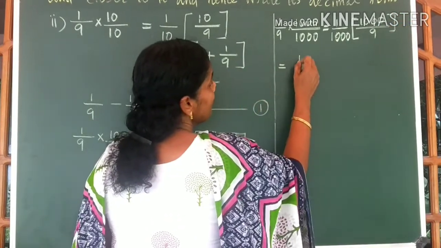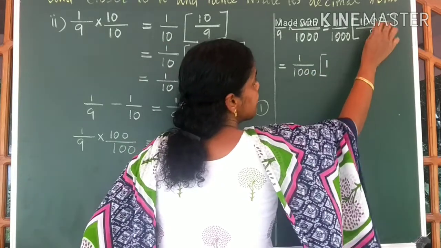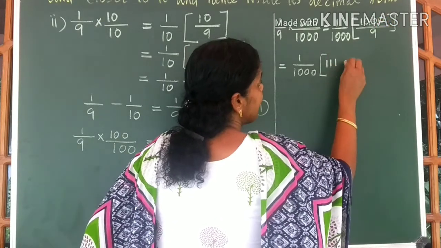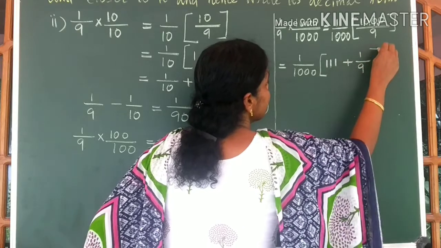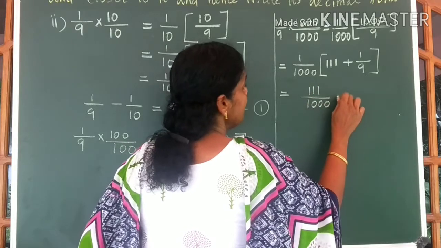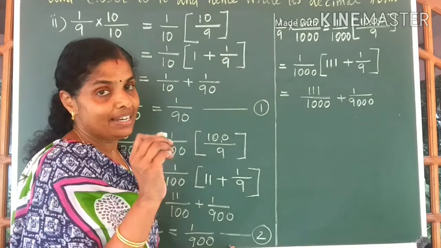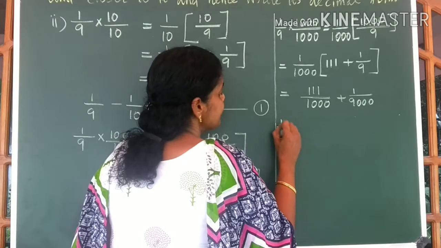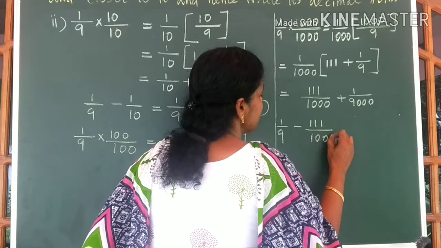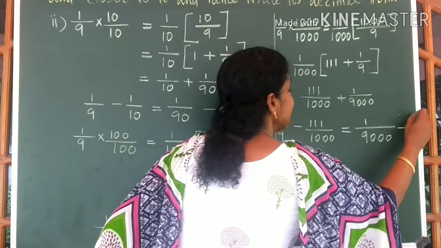This is equal to 1 by 1000 into 1 nine is 9, 1 balance, 1 nine is 9, again 1 balance, 1 nine is 9, balance 1 by 9. So we get 111 by 1000 plus 1 by 9000. From this, let us write the third step. So we can write 1 by 9 minus 111 by 1000 is equal to 1 by 9000. This is your third step.